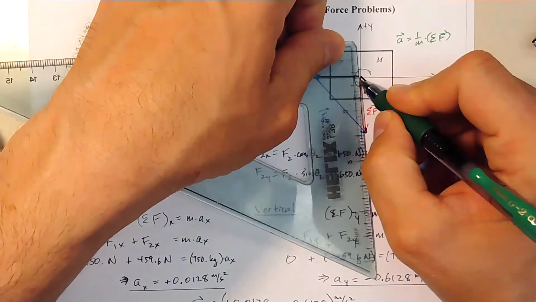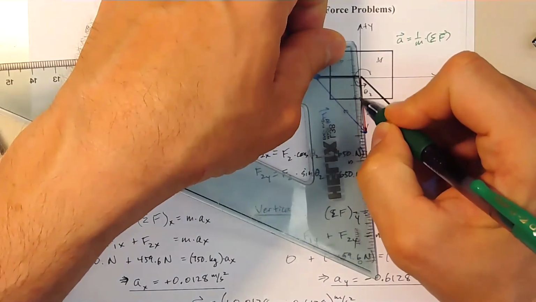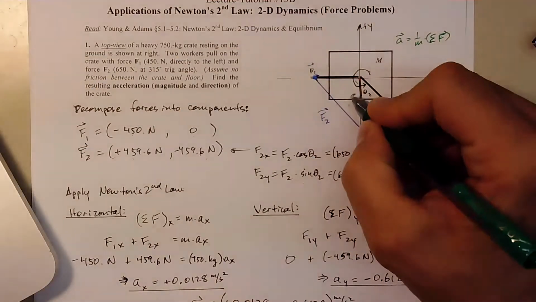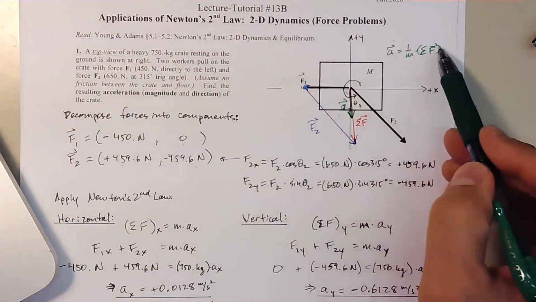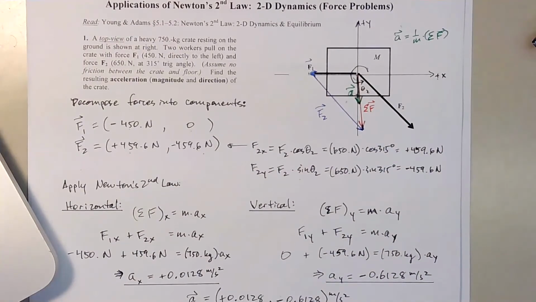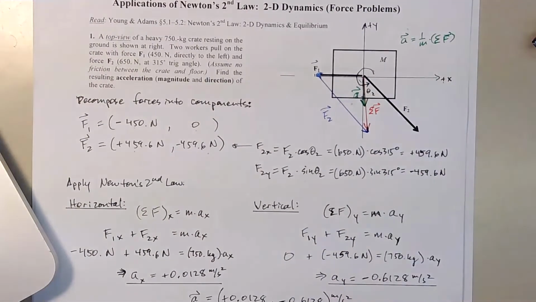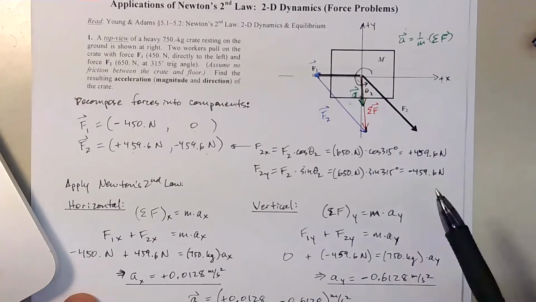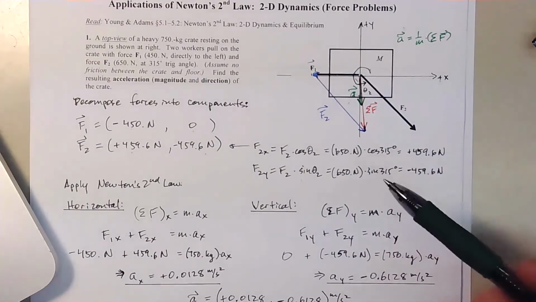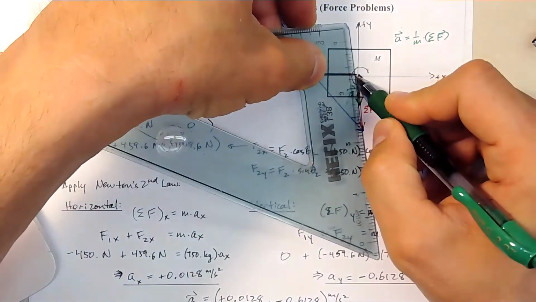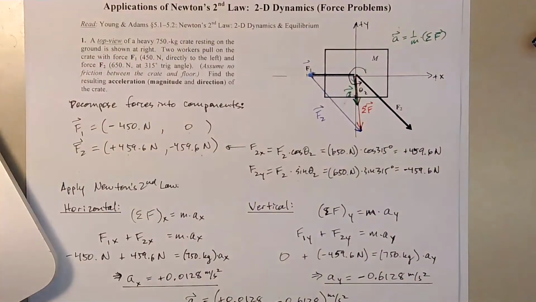1 over m is just a positive scalar. So the acceleration has to lie in exactly the same direction as the total force vector, right? And that makes sense because it's the net force that gives rise to acceleration. So if net force points at negative 88 degrees, the acceleration will be at negative 88.8 degrees as well.